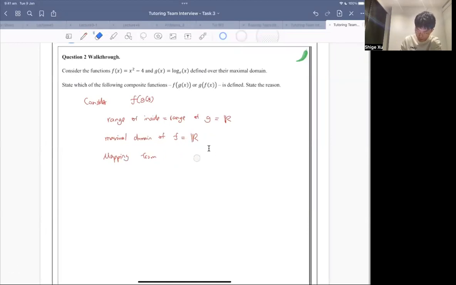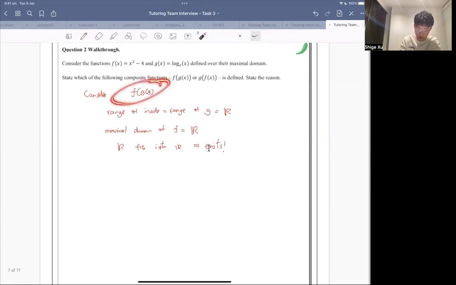So the real numbers fit into our domain, which is real numbers. So therefore, the composite function exists. So this function exists.